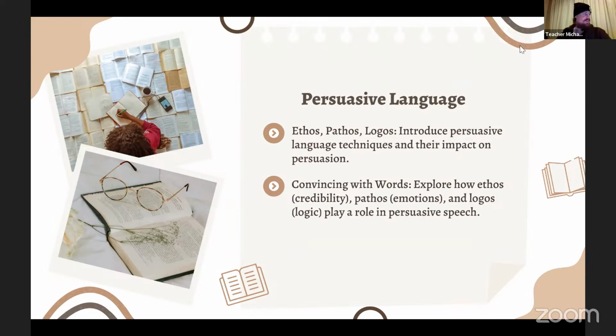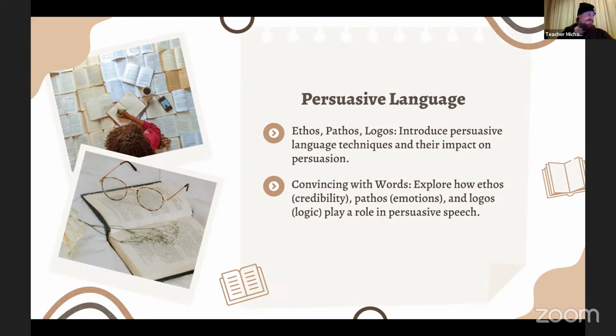Very good. So Diana just hit all of the points there for ethos. Ethos is centered around building confidence from your audience.